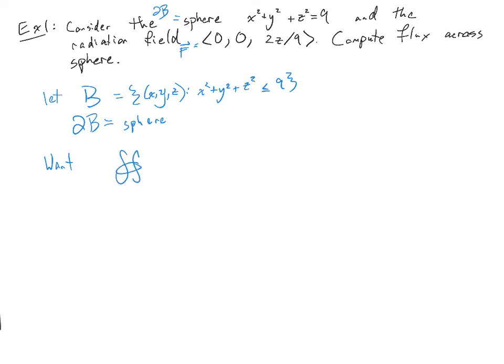Well, it's over a closed surface, so I'll do the little loop, boundary B for the sphere, of f dot n hat ds. But I don't want to even parameterize the sphere, so I'm just going to use the divergence theorem to pass to the triple integral over B of the divergence of f dv. And so what's the divergence of f?